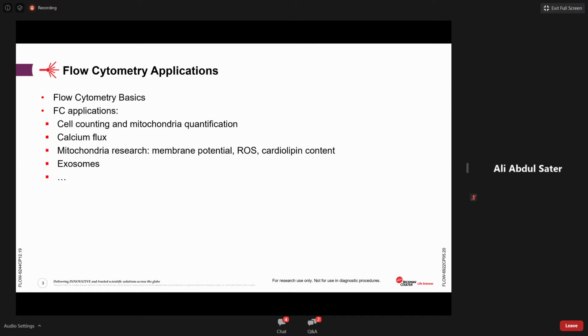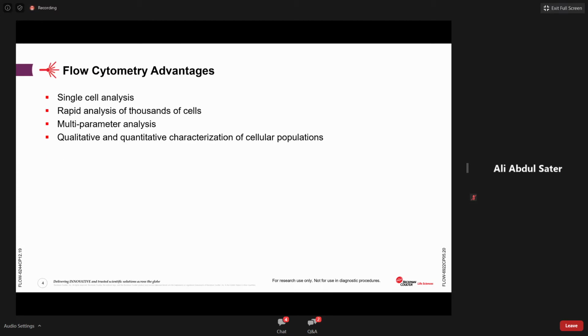I hope this presentation will give you some ideas about how this technique can help you in your research. I will touch upon flow cytometry basics and the muscle health related flow cytometry applications I came across during my literature review. So why use a flow cytometer when there are microscopes, spectrophotometers, plate readers, Western blot, and other methods of cell characterization?